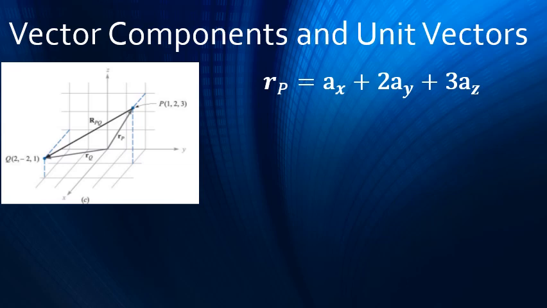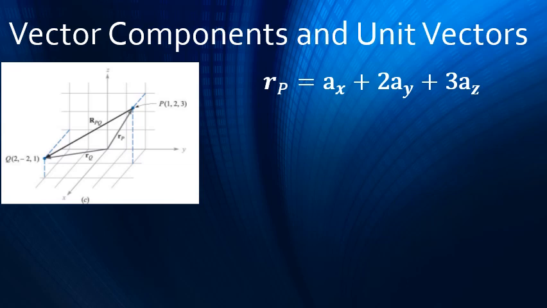Saan galing po yung 2 and 3? Dun sa coordinates ni P. Kasi nga from origin to P tayo. Okay, si ax dapat may 1 dyan, pero di ba nga, inuungit natin kapag meron ng 1. So, yung scalar components ng vector na RP ay galing lang dun sa coordinates 1, 2, 3 ni P. Ayan, kaya naging ax, 2ay, 3az.